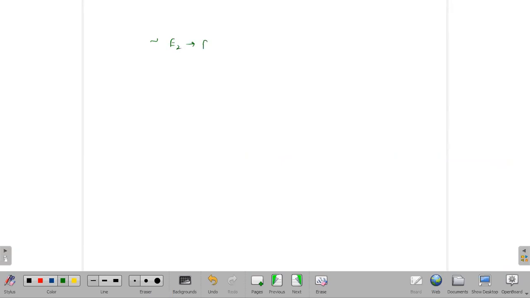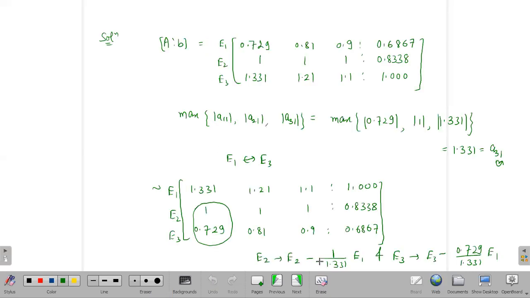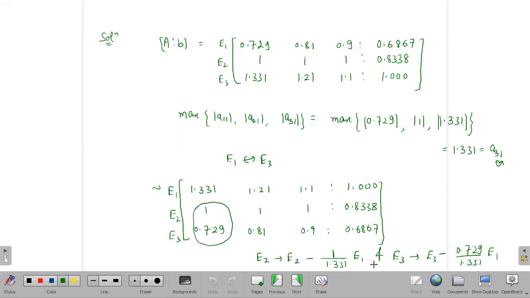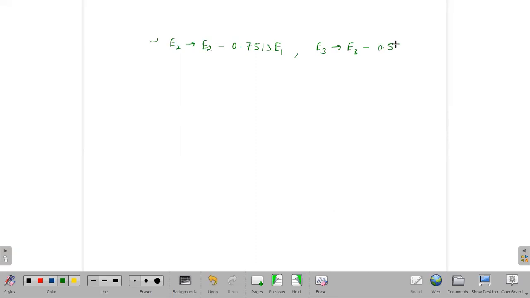E2 will become E2 minus, if you divide 1 by 1.331, it will be 0.7513 after taking 4 decimals. And E3 minus, if I divide by these two, it will be 0.5477 E1.